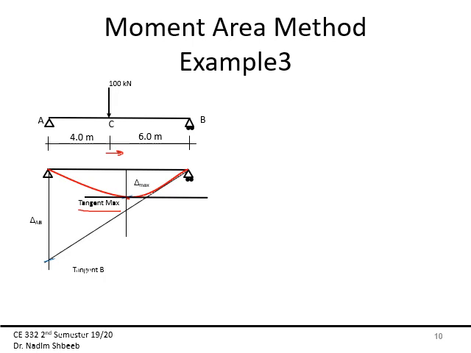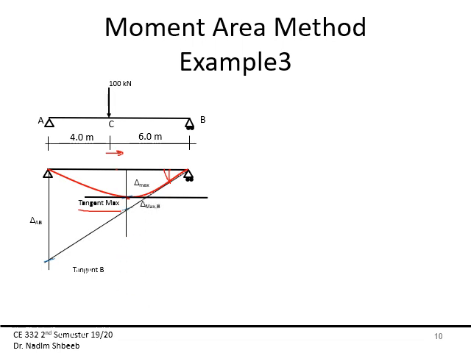Now, here, if you've noticed, I'm going to find theta B. Why? Because I'm going to use the same technique that I used in the previous part, but I need this angle to be able to find this whole distance from this point to that point.